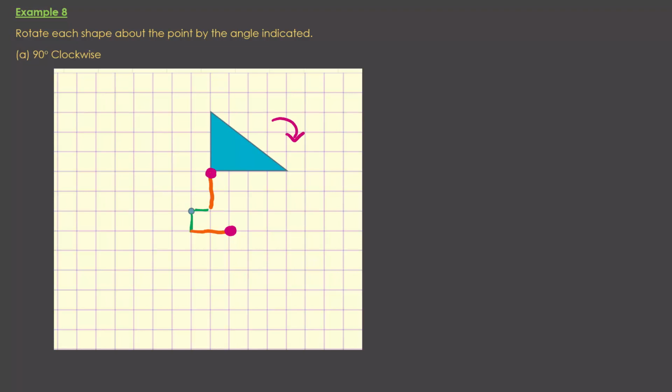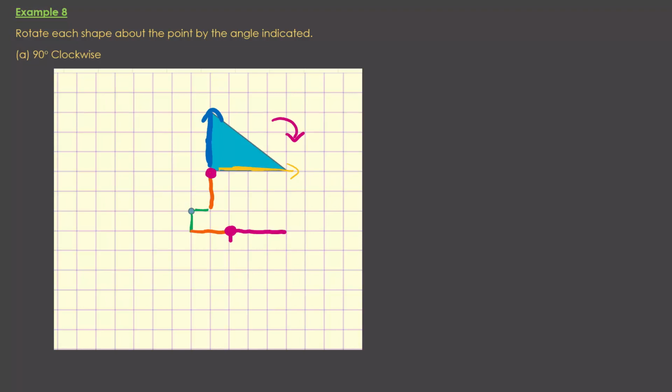So the edge of the shape that currently points at 12 o'clock up here is going to point at 3 o'clock. So in other words, that side, which is 3 squares long, will be there. And this side just here, which currently points at 3, will now point at 6.